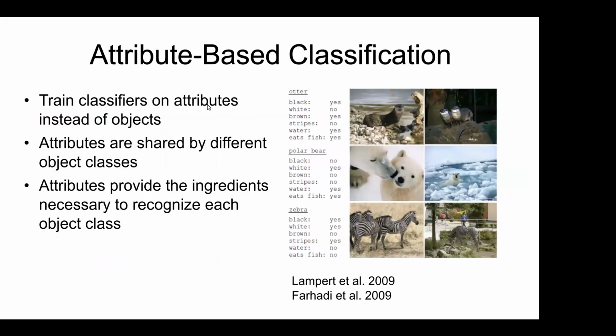Just going to the historical perspective, before the deep learning revolution and the proliferation of studies into fine-grained visual analysis, one of the really popular approaches advanced by Christoph Lampert and Ali Farhadi and collaborators was attribute-based classification, or part and attribute-based classification.